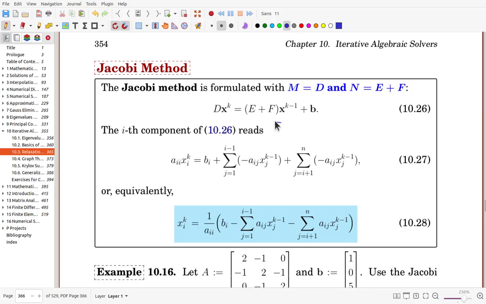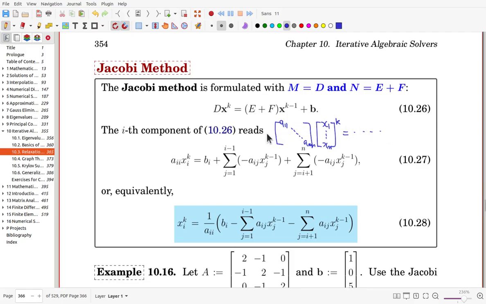Let's see the matrix D. D is, first, a11, the diagonal portion, and then down to ann. Now the vector is x1, going down to xn, at step k, and then the right side.